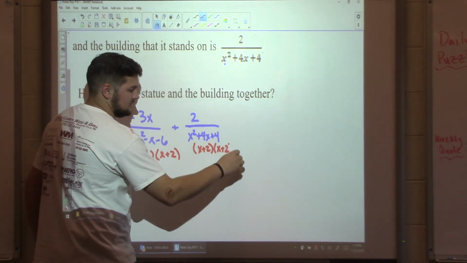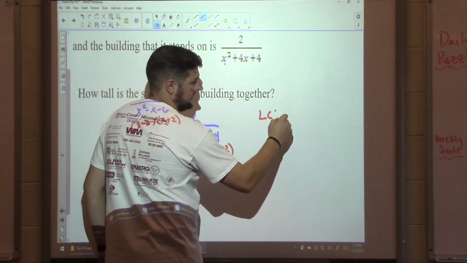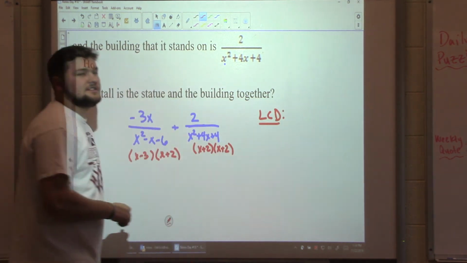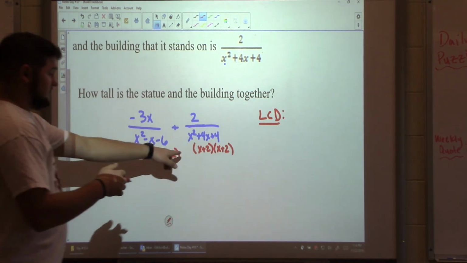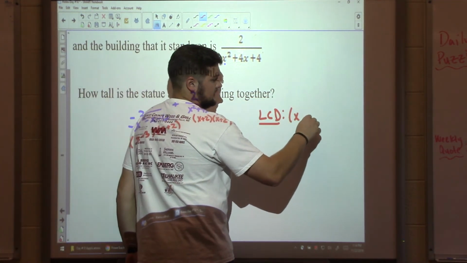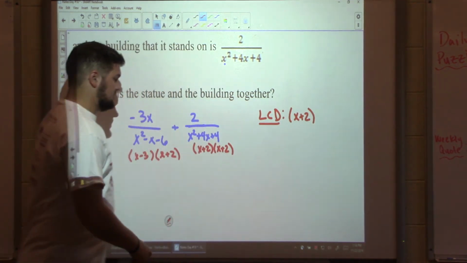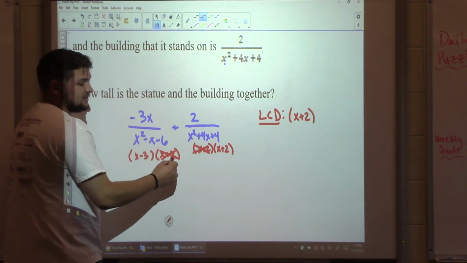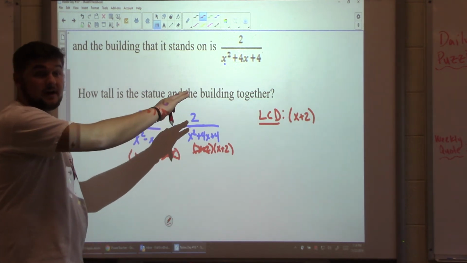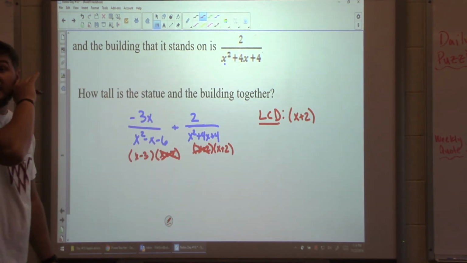So let's figure out our least common denominator. Do they share any factors? Any terms? X plus 2, very good. So I'm going to cross them off. This does not mean they're going away. That just means I use them when I found my least common denominator. Do they share any other terms?